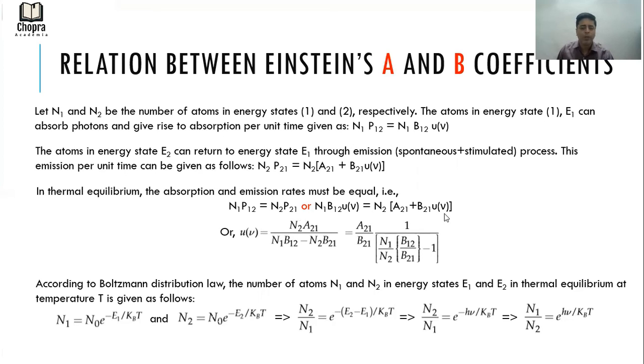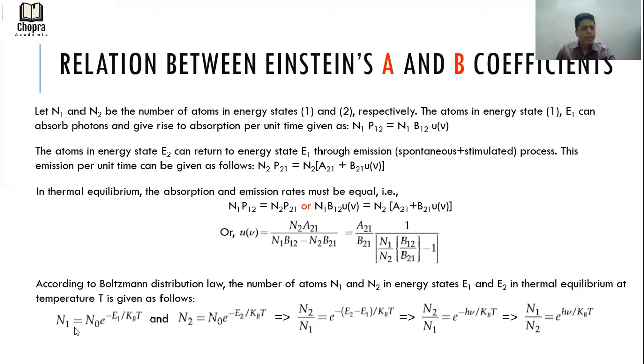So we use the Boltzmann distribution law. The number of atoms N1 and N2 in energy states E1 and E2 in thermal equilibrium at temperature T are given as follows. N1 is equal to N0 times e to the power minus E1 by kT, where k is the Boltzmann constant and N0 is the ground state number of atoms. And N2 is equal to N0 times e to the power minus E2 by kT.